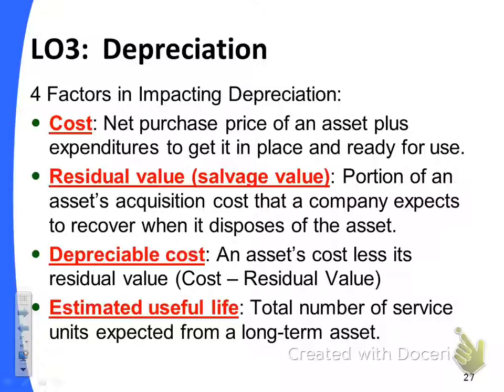Then its depreciable cost is $25,000. So we can never depreciate it more than $25,000. So our cost minus our residual or future value. And then our estimated useful life is the time that we think the asset will be in service.